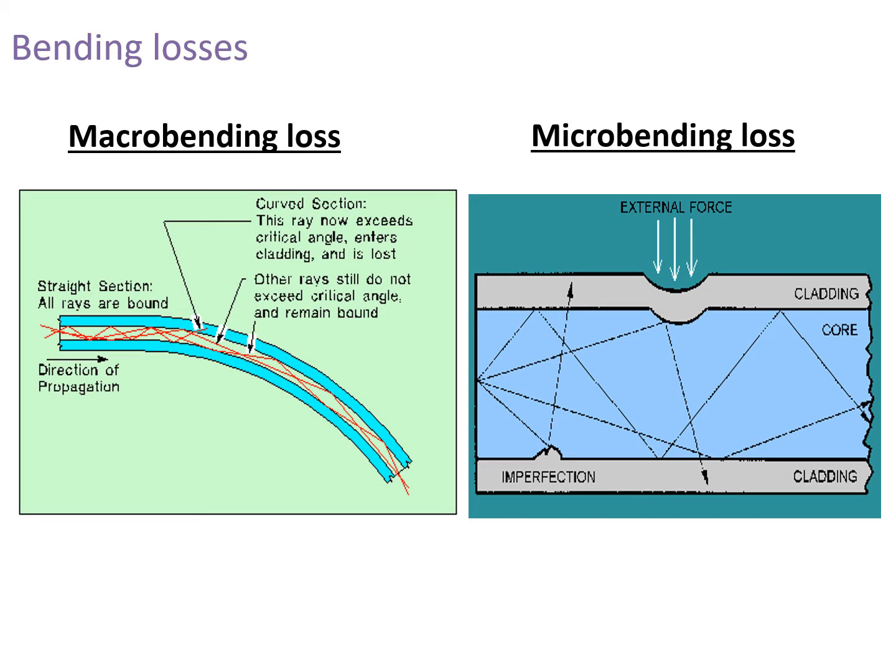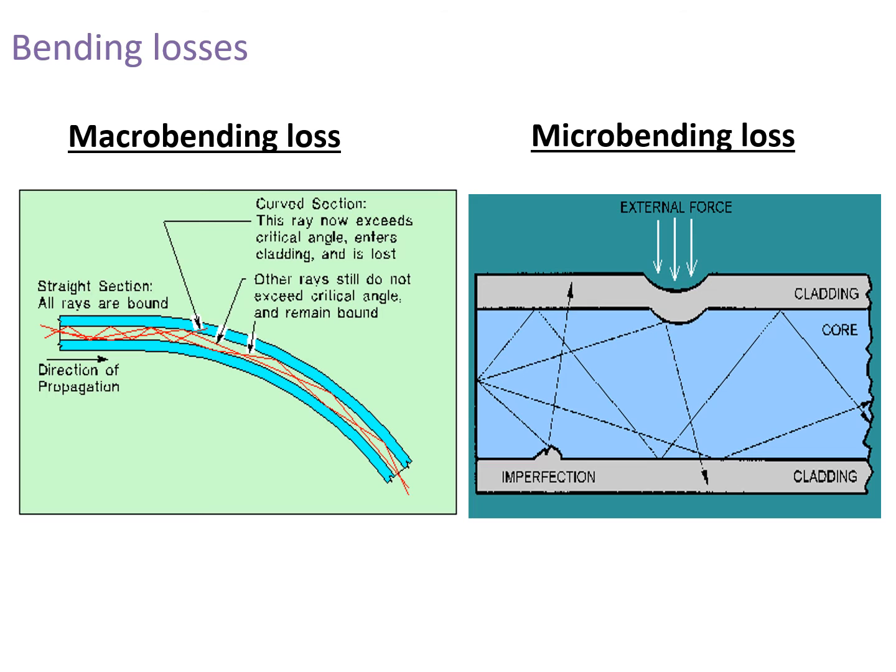This figure illustrates the losses due to bending. Due to macro bending, some of the light at the curved section will enter the cladding and be lost. This is because it exceeds the critical angle.